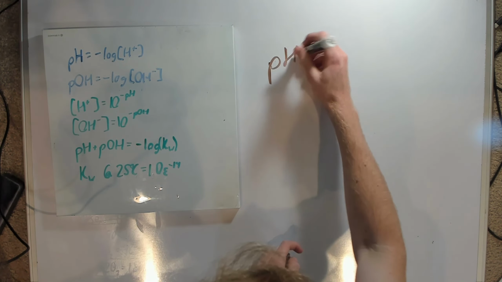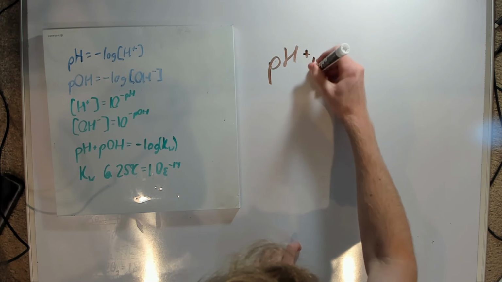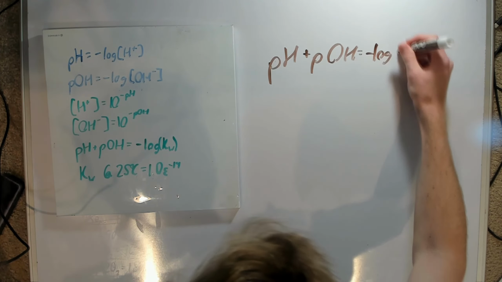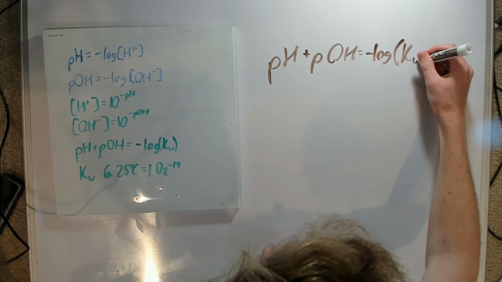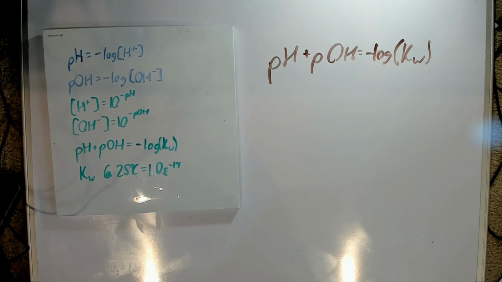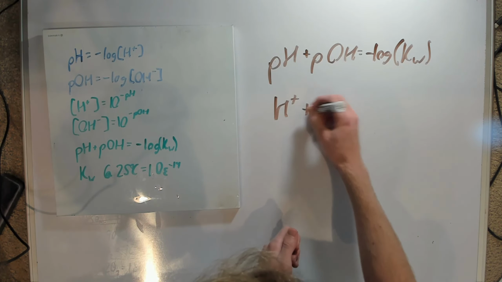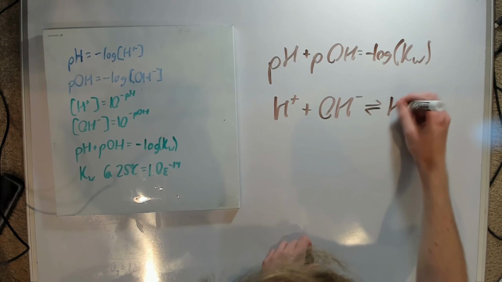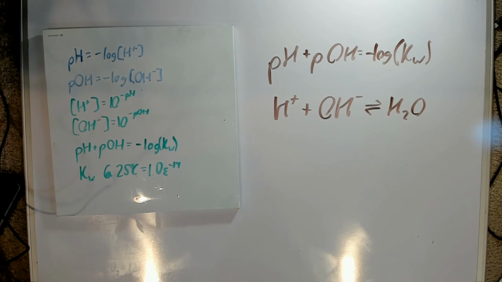So pH plus pOH is equal to the negative log of the dissociation constant of water. So this is just another K value like we've done for a while, because water, H+ and OH-, is in equilibrium with just basic water.